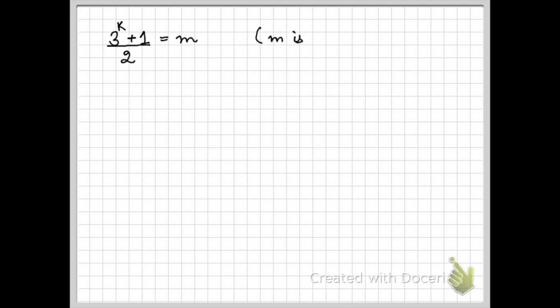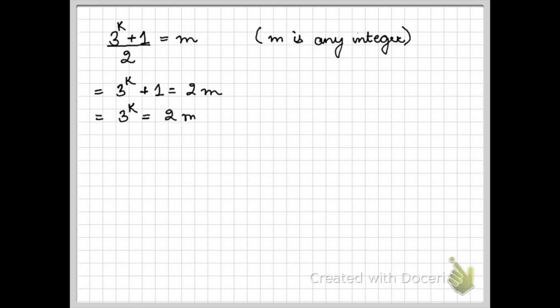M is any integer here. Because if it is divisible, that means whenever we divide it, it should give us a whole number, an integer. Now I'm going to rearrange this equation to write 3 to the power of k plus 1 equals 2m. 3 to the power of k is equal to 2m minus 1.